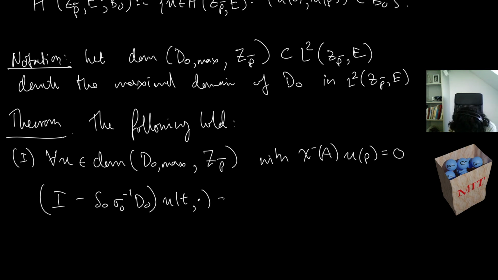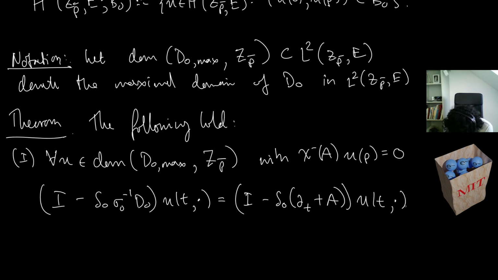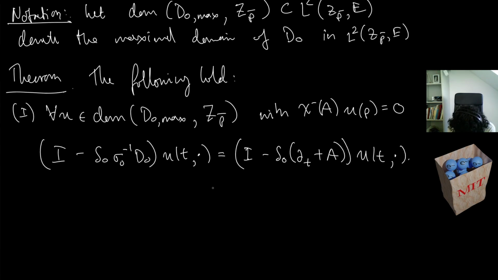So this is equal to I minus S naught partial t plus A, right? That's what this is. So this is exactly equal to e to the minus t modulus A chi plus of A applied to u naught.